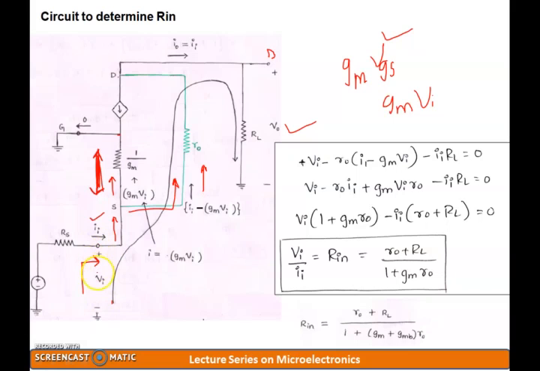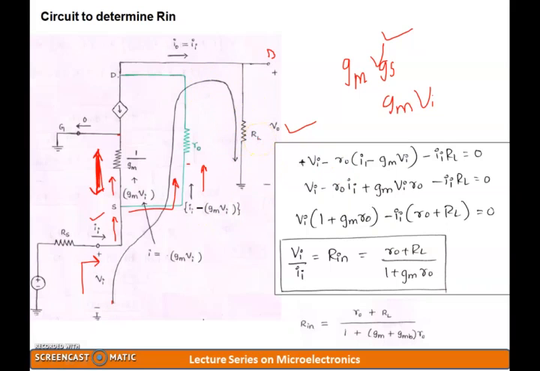As simple as that. So straight away, without wasting time, we'll apply Kirchhoff's voltage law. So Vi, the current is over here, plus Vi, then the current leaves the R naught terminal, minus R naught multiplied by II minus Gm into Vi, then it comes over here to terminal RL, minus II into RL.